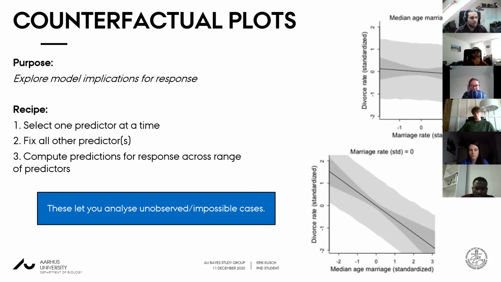So, for example, it wouldn't make sense to look at the divorce rate amongst, well, non-born babies, for example, and you could if you just fixed the age of marriage in a non-standardized form of age of marriage to -1, for example. The model could still do predictions at that point, but they would be completely useless.